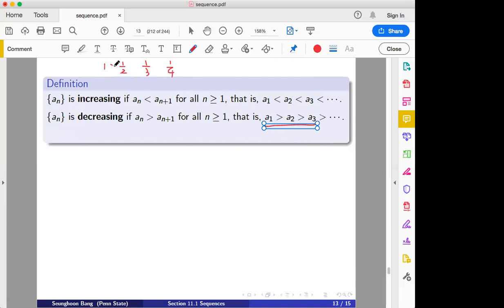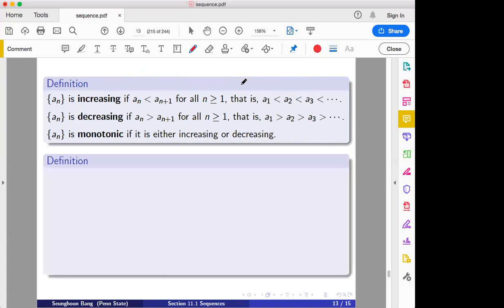This is decreasing, right? You can draw a graph. 1 has 1, 2 has 1 over 2, 3 has 1 over 3. The sequence is decreasing. Otherwise, monotonic is either increasing or decreasing.